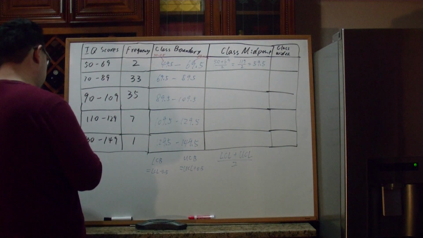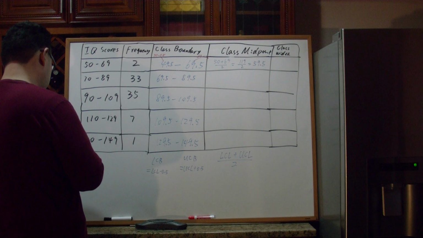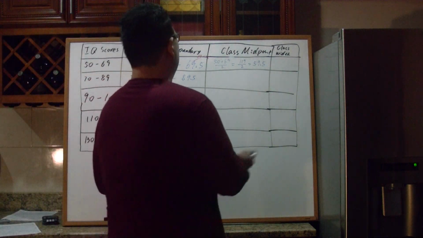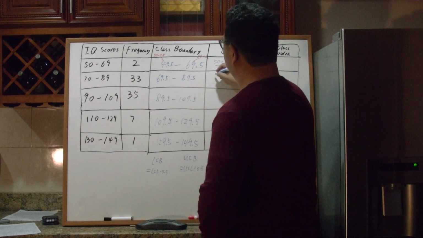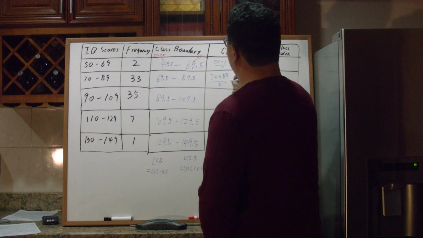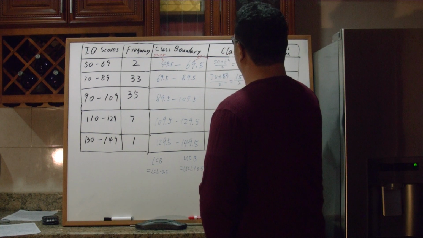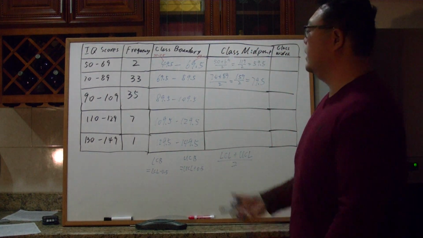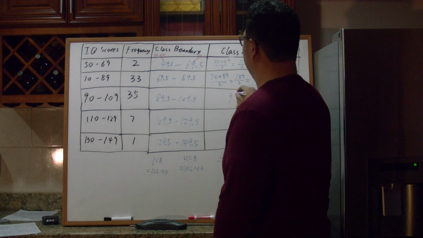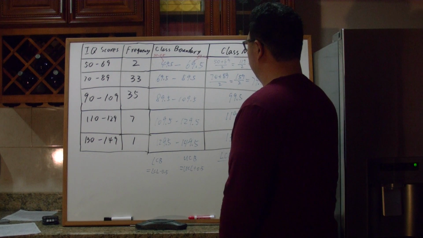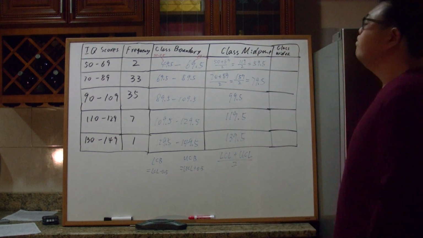Then we do similarly, adding the two limits of the next class: 70 plus 89, that's 159 divided by 2, which is 79.5. Similarly we get 99.5, 119.5, and 139.5, if you follow this formula.